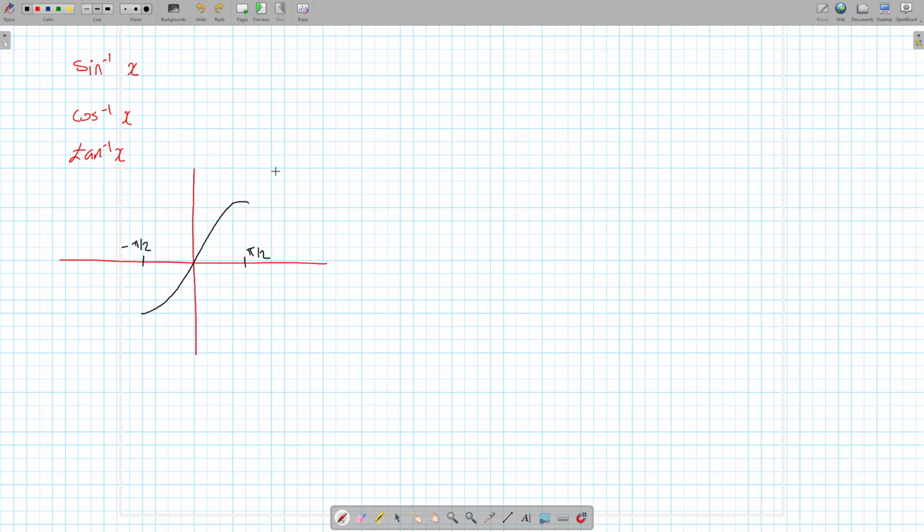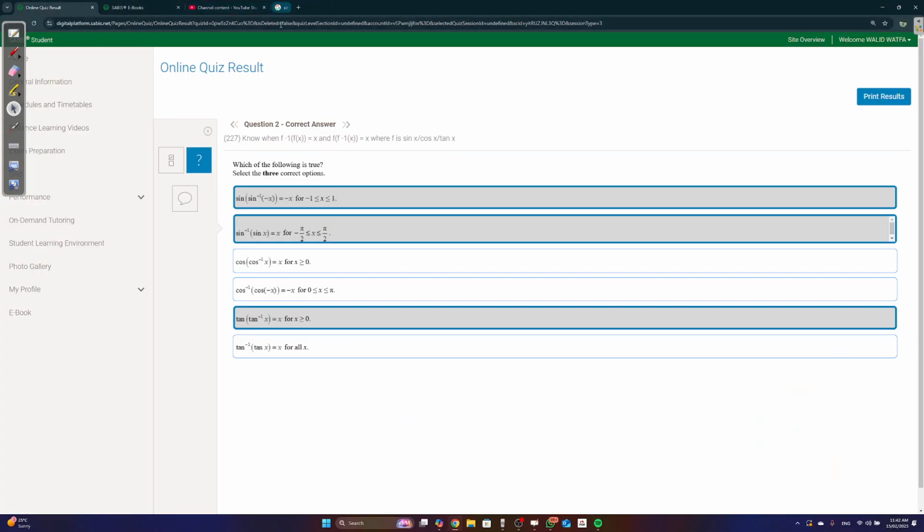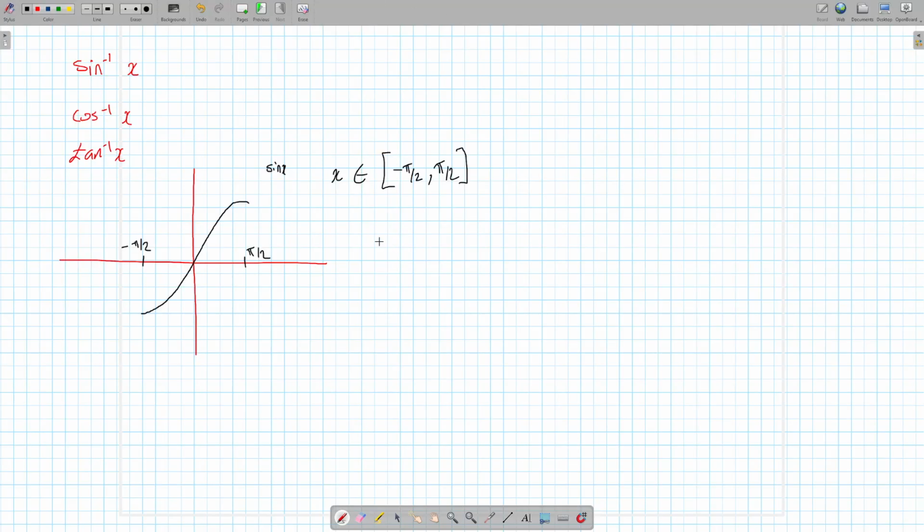I'm doing this because this gives me the full range of sine. You can continue it, but why do we only study this part of the graph of sine x? Why do we only study x from minus pi over 2 to pi over 2? In math, we're very lazy, and to be a good mathematician, you need to be lazy.